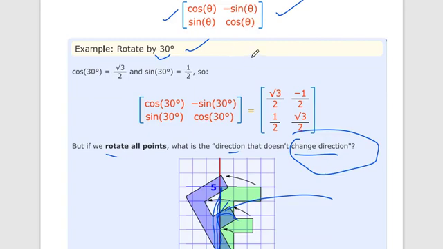If we find the eigenvector, then we can say that with this matrix, when we rotate by 30 degrees, this vector does not change its direction. So let's say here theta is equal to 30, cos 30 is equal to root 3 by 2, and sin 30 is equal to 1 by 2.